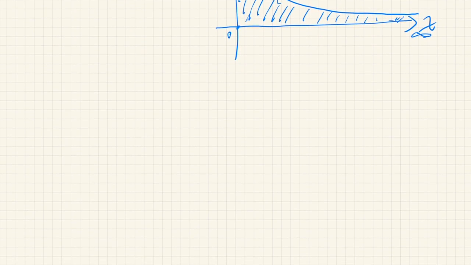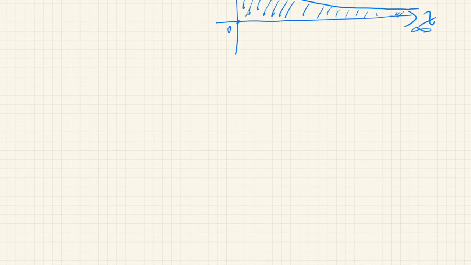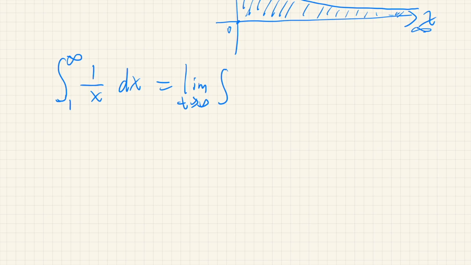Next, consider a similarly behaving function. So integrate 1 over x from not 0, but 1 to infinity, let's say. Okay, so limit t going to infinity, and let's integrate from 1 to t, 1 over x dx.